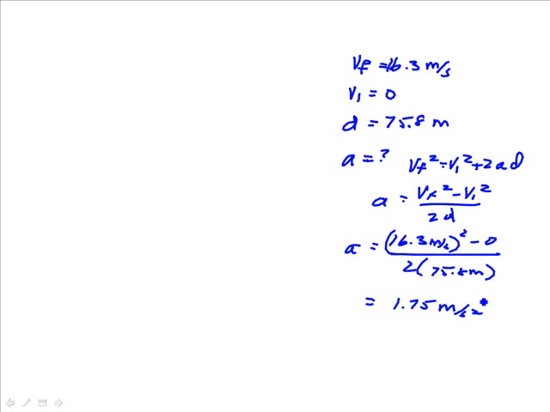So there are a number of different ways you can play. There may even be a third method: A is equal to VF minus VI over T. Once you know what T is, you could go 16.3 minus 0 over the time, which was 9.3, so you get 16.3 divided by 9.3, and that gives you 1.75 also.